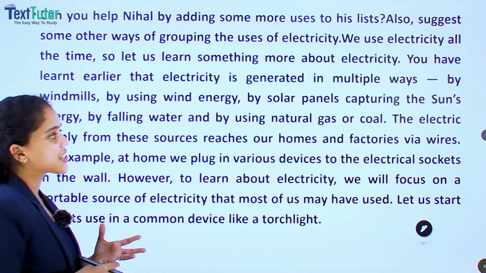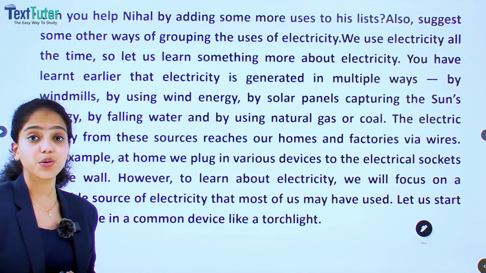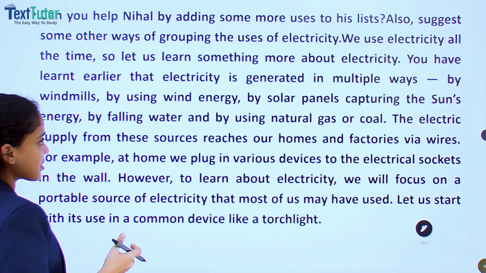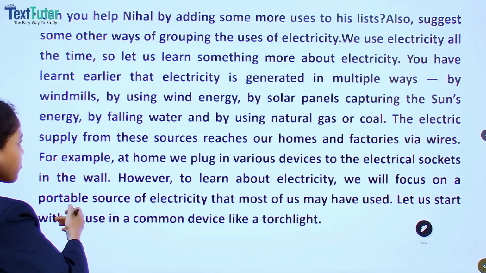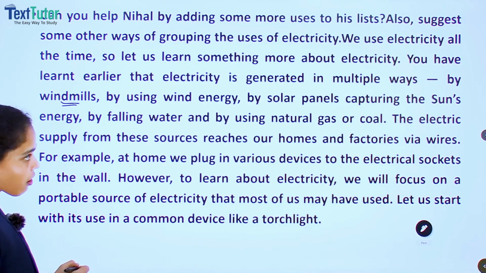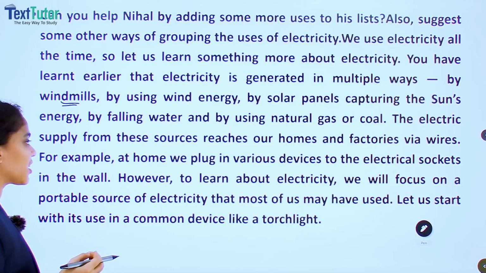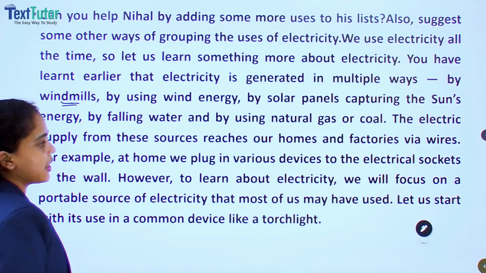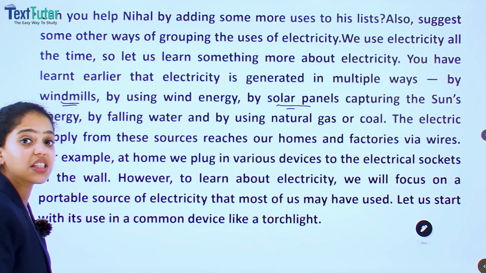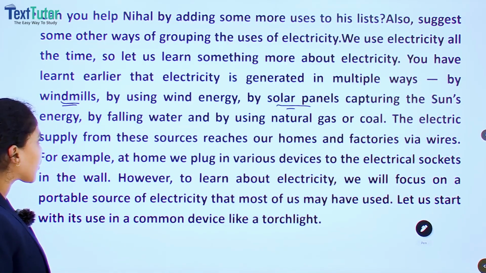So electrical energy is produced in the various ways which you have learned in your previous classes. By windmills, using wind energy. By solar panels capturing the sun's energy, which is converted into electrical energy.